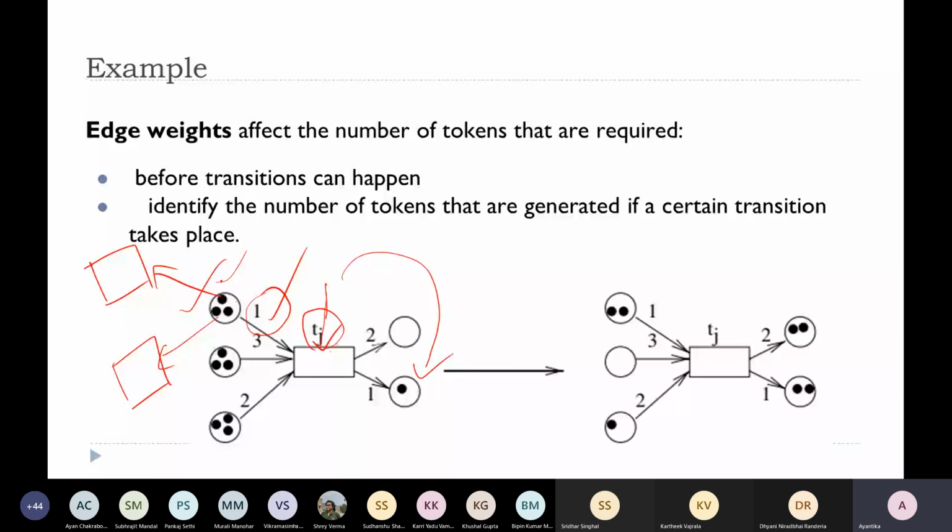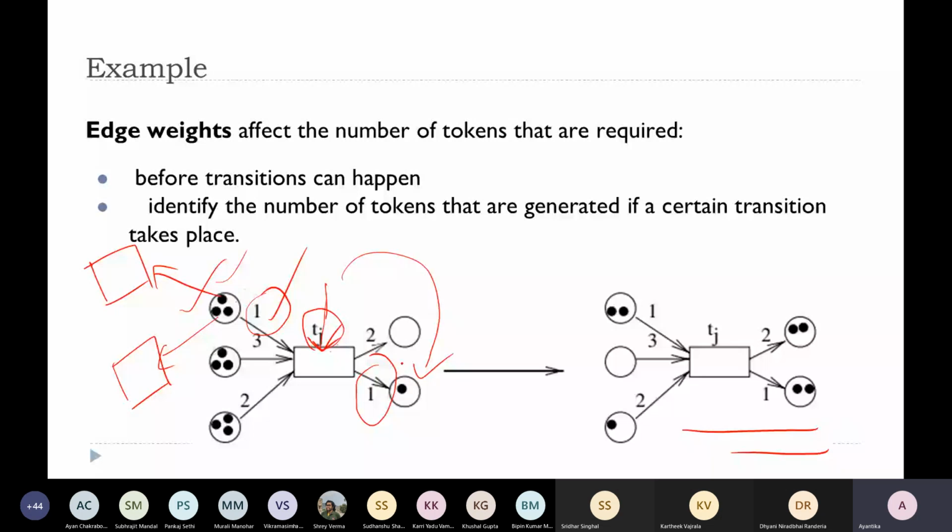Before the transition and after the transition, there is a number of tokens. When this transition happens, the number of tokens is reduced from 3, and based on this edge weight, it reduces to 1.